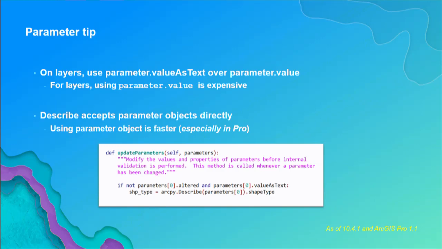So avoid parameter.value when you're working with feature layer inputs. It's more obvious in Pro, but there's still a bit of a lag in ArcMap as well. It's a lot easier to just describe the parameter object itself for data, and you bypass that. And if you do need the value, just use value as text. I've gotten into a pattern of using value as text as much as I can, just so I can avoid that without having to think about it too much. It's a simpler, faster check.